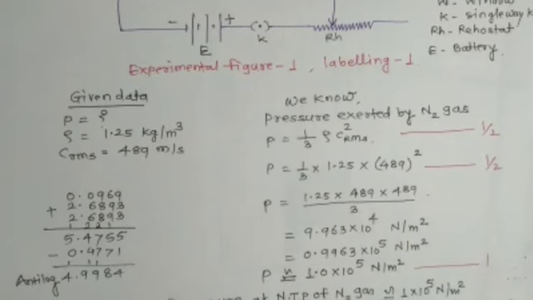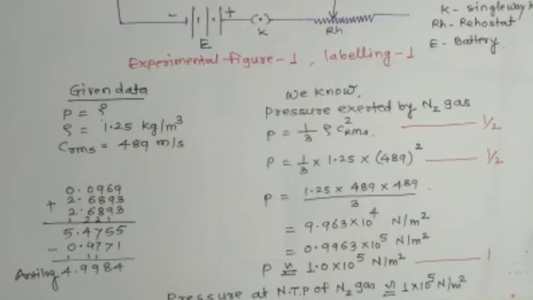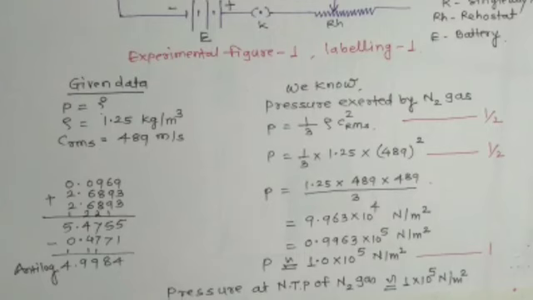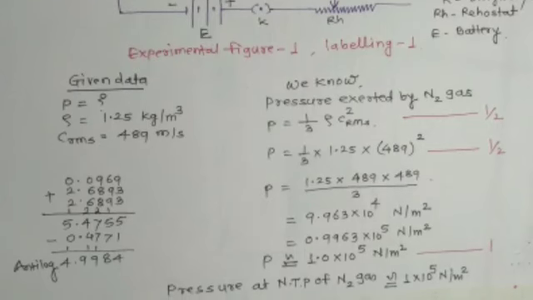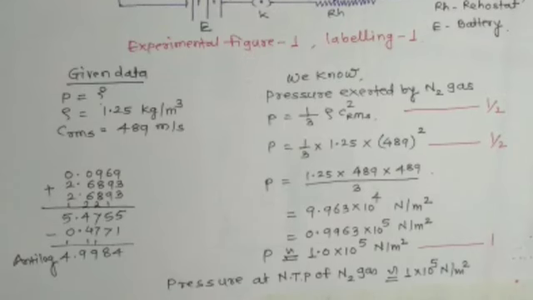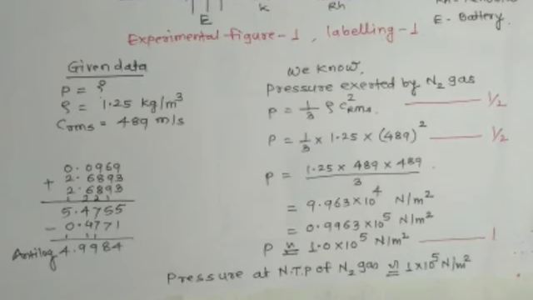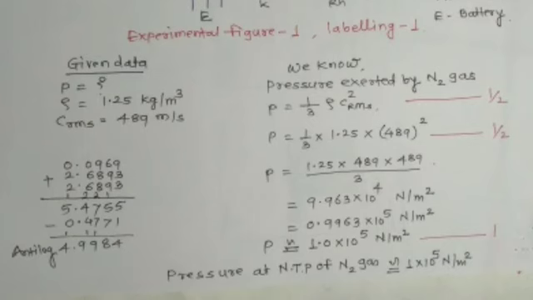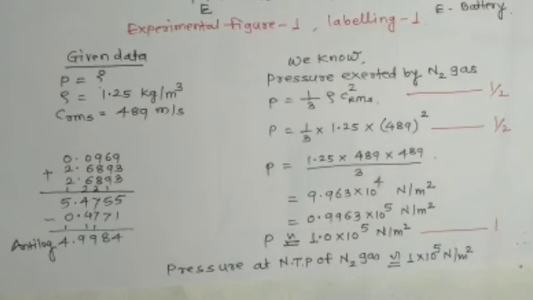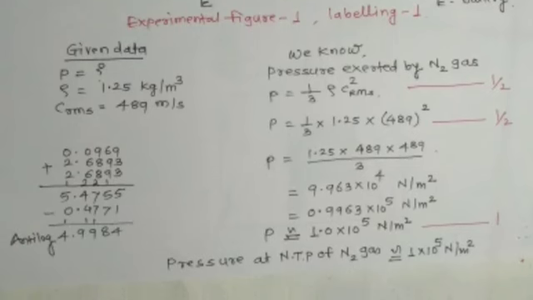If we substitute the values, P equal to 1/3 into 1.25 into 489 bracket square. By solving using the log table, pressure is approximately 1.0 into 10 raised to 5 Newton per meter square. Therefore, pressure at NTP of nitrogen gas is approximately 1 into 10 raised to 5 Newton per meter square.